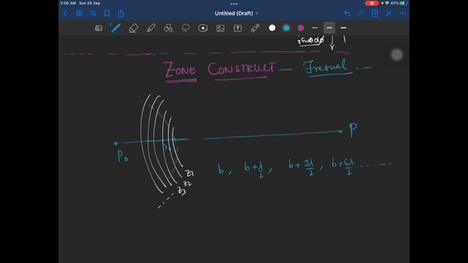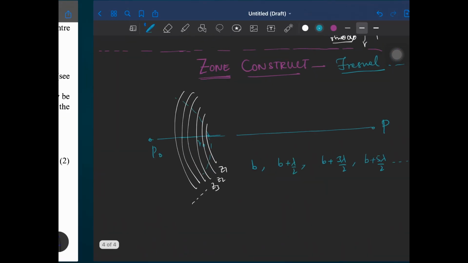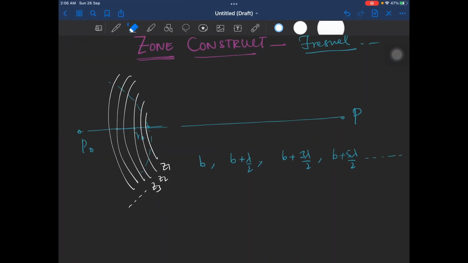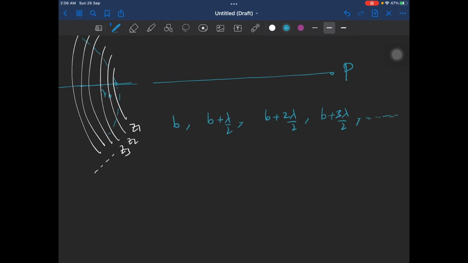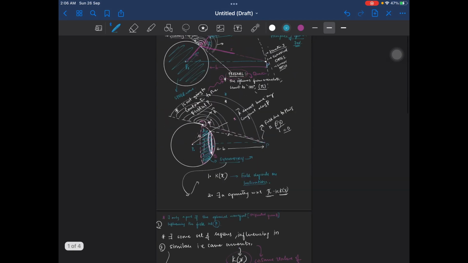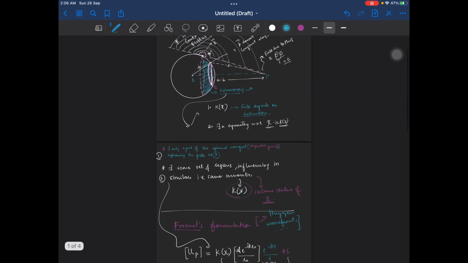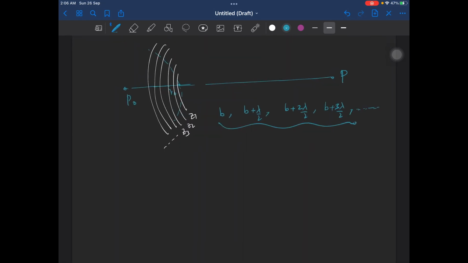Yeah, that is the story so far. So he proceeds by constructing the zones.